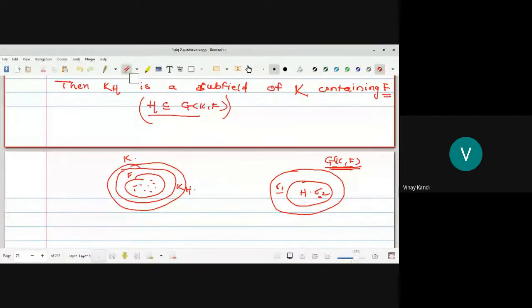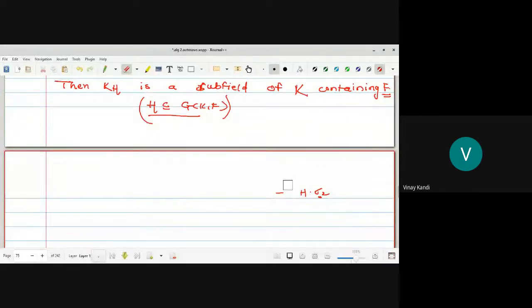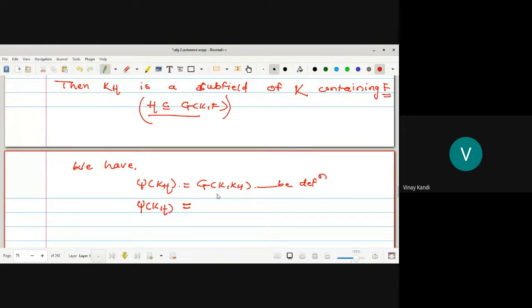Okay, wait. Now we have to show that psi is onto. So we have, by the definition of psi, psi of KH, applied on the field KH, which is equal to what? GK KH, by definition of psi. But in the last term, the previous lecture, we proved that psi of KH is equal to GKKH.